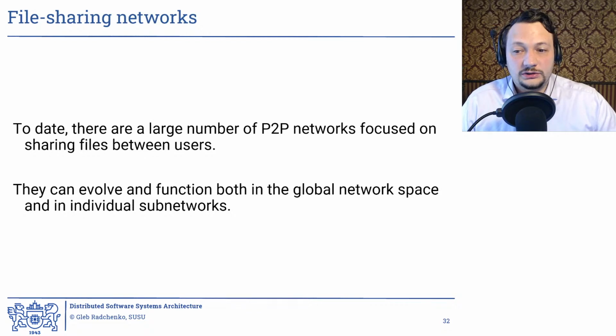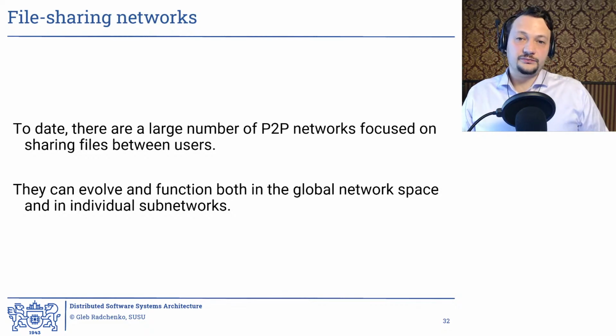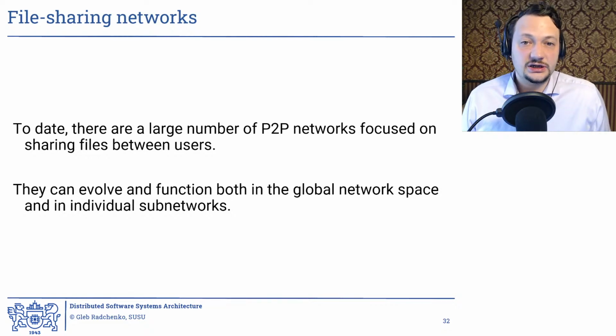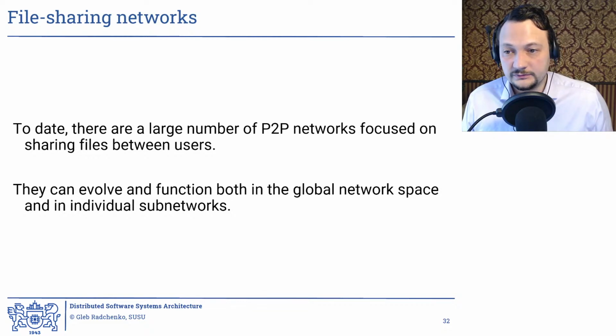Next, what I would like to discuss with you is file sharing networks. File sharing was the first case of the usage of peer-to-peer systems, and to this day, it is the most common way to utilize this approach. Today, there is a large number of peer-to-peer networks that are focused on sharing files between users.